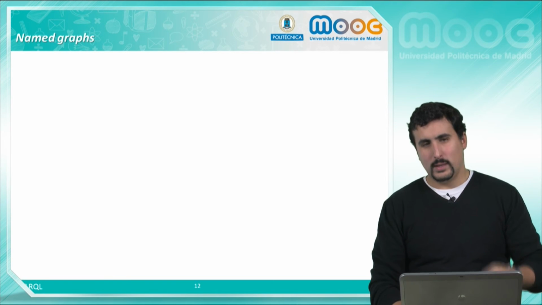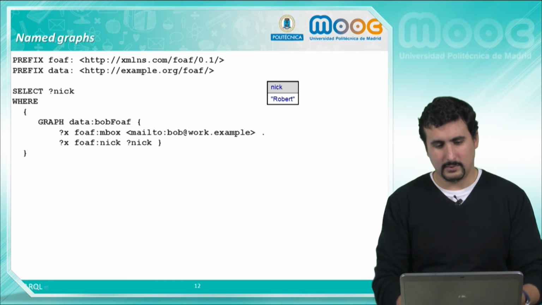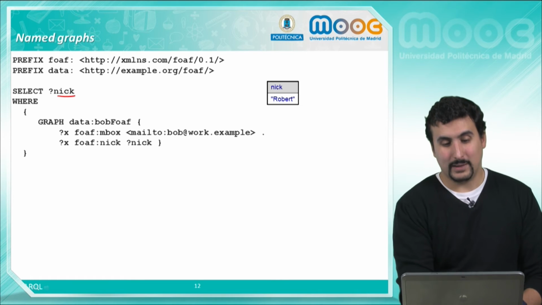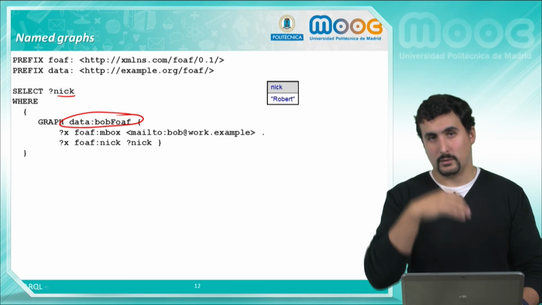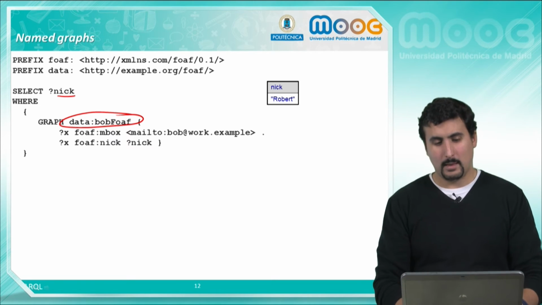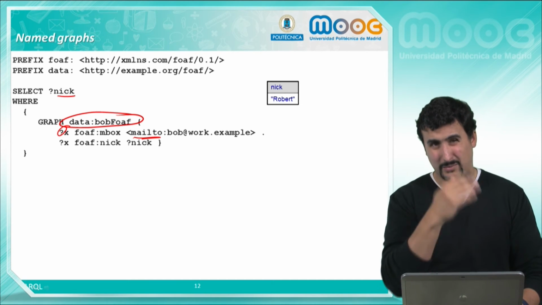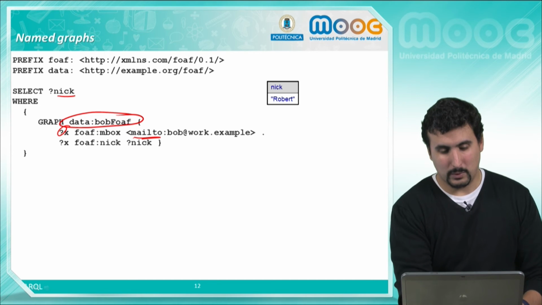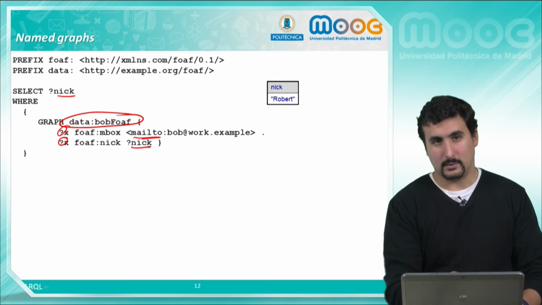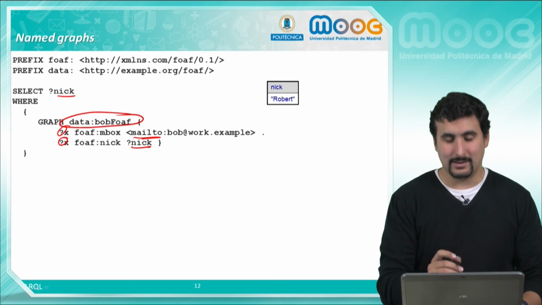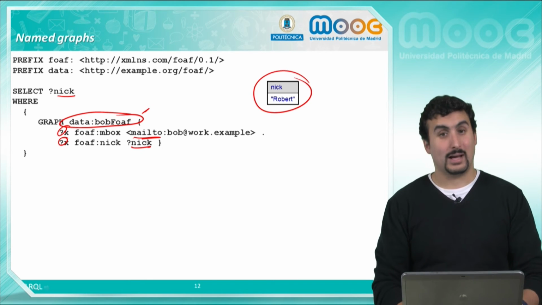So we can execute a query saying, well, give me the nick, in this case the variable nick, from the graph Bob FOAF. We are specifying here which of the two graphs we want to query, where there is an individual with the mailbox we saw before, which happens in both graphs, and we want to take for this individual the nick. So as we are specifying that we want to run this query against the Bob FOAF graph, we are only obtaining Robert as the nick.